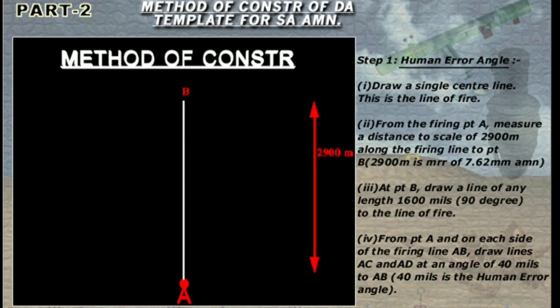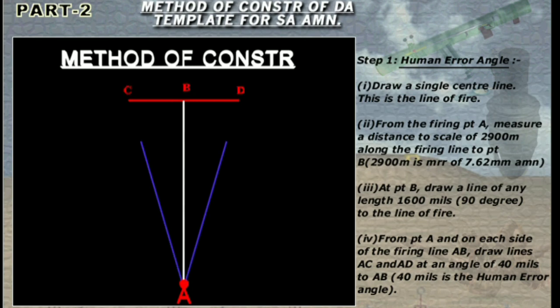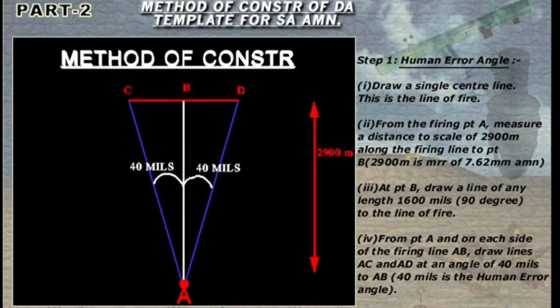At point B, draw a line of any length, 1600 mils, that is 90 degrees to the line of fire. From point A and on each side of the firing line, draw lines AC and AD at an angle of 40 mils to AB. 40 mils is the human error angle.